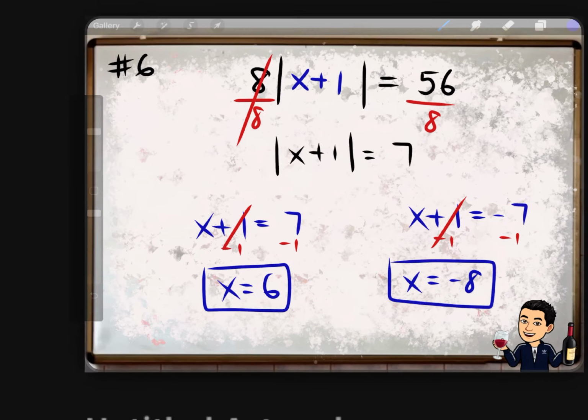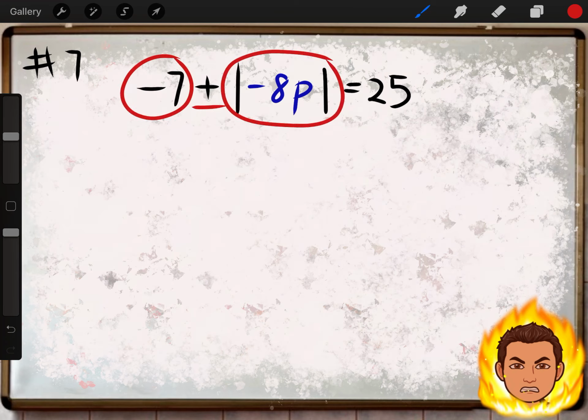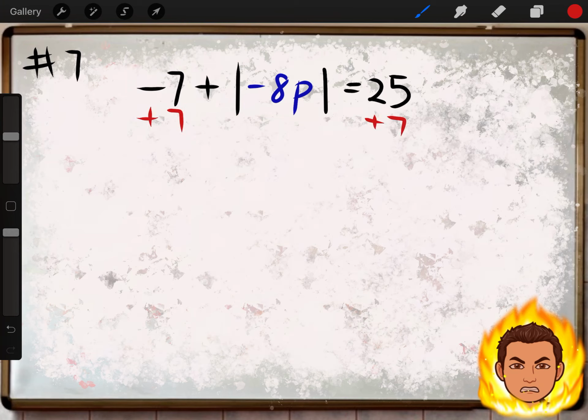Let's go ahead and do the next one. For this one, in order to get rid of this negative 7 plus the absolute value expression, we need to get rid of this negative 7. So add 7 on both sides. Okay, so cancel this out.